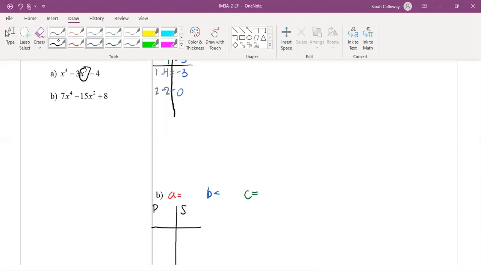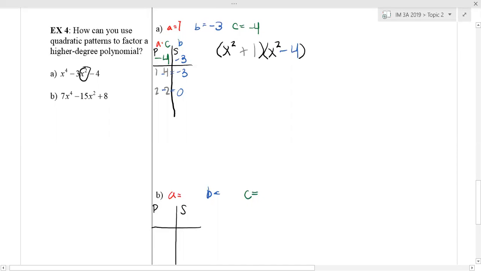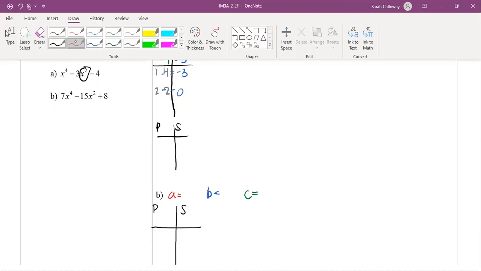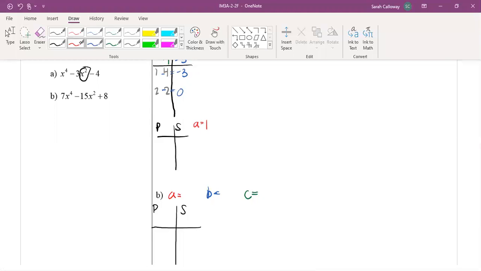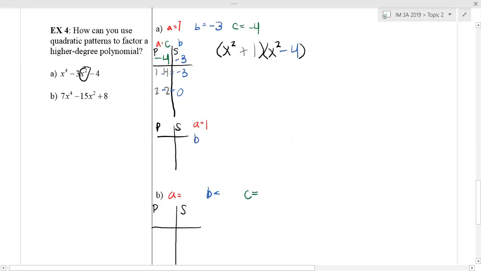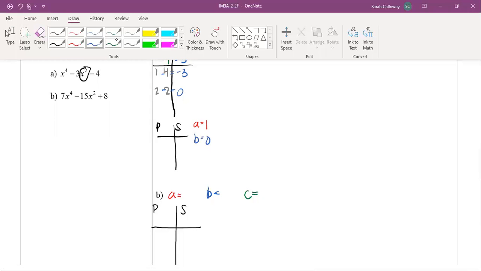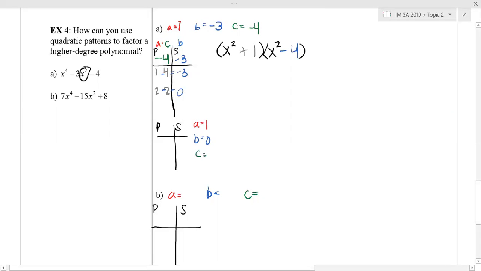And so we have to find the product sum for each of these. So if I start with the x squared plus 1, I'm looking for two numbers that multiply to, A is still 1. There is no x term, so remember that means that B is 0. And then C is the constant 1. So I need two numbers that multiply to 1 times 1, which is 1.